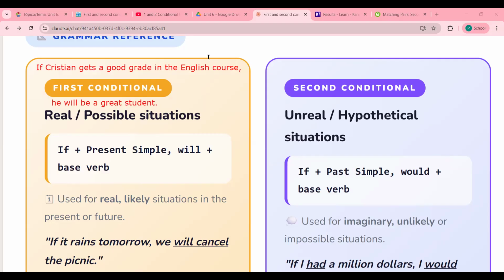In the second conditional, we could say, one more time, we use if Christian were on vacation, yes, because it is hypothetical.